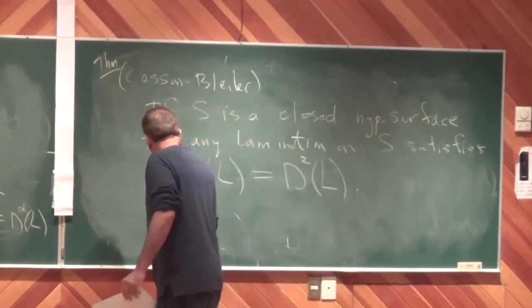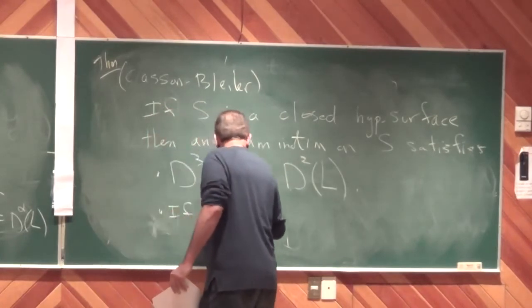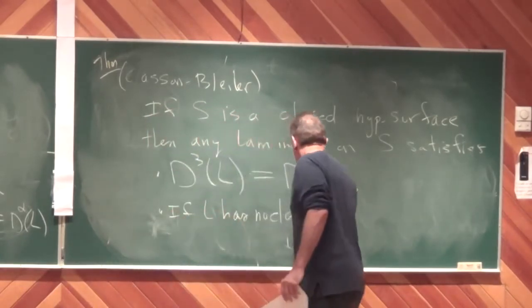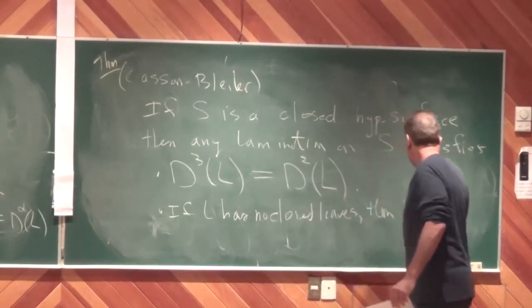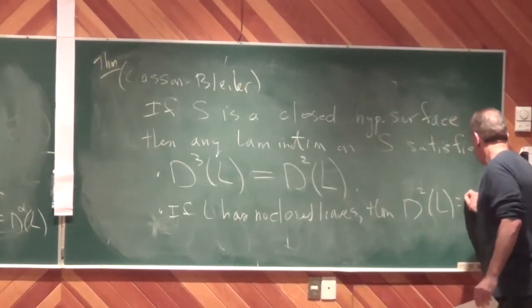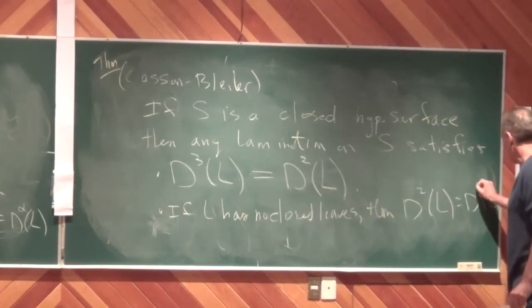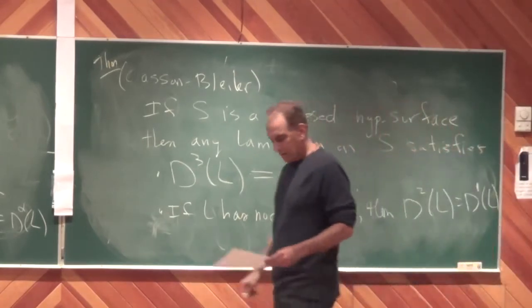And then if L has no closed leaves, which is possible, then in fact the second derivative of L equals the first derivative.